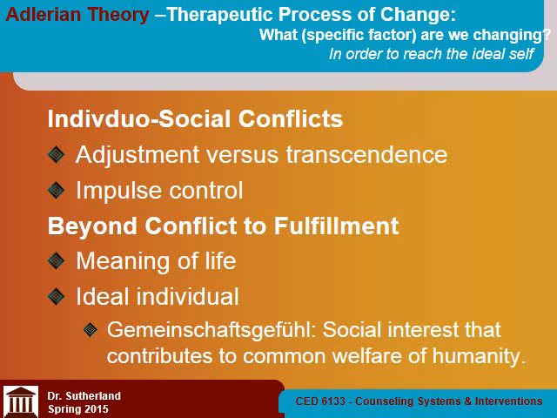The idea is that one can't have individual adjustment at the expense of transcendence and vice versa. So it is a balance of adjustment and transcendence as opposed to one versus the other.